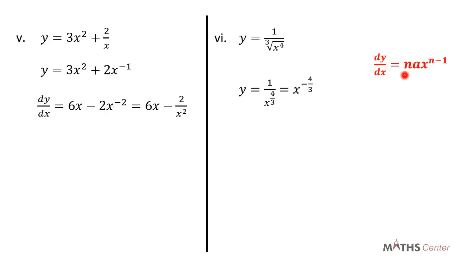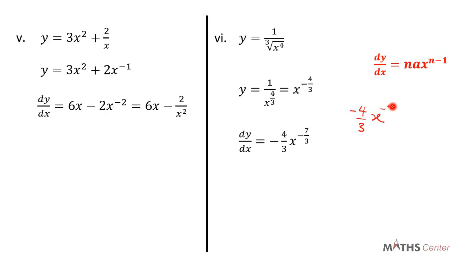Now we can use the general rule to differentiate. Remember, if you are using the general rule to differentiate, the exponent, which is negative 4 divided by 3, will drop and multiply. So we have negative 4 divided by 3, then times x exponent, we reduce the exponent by 1.